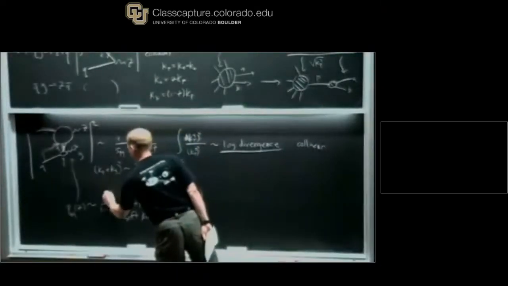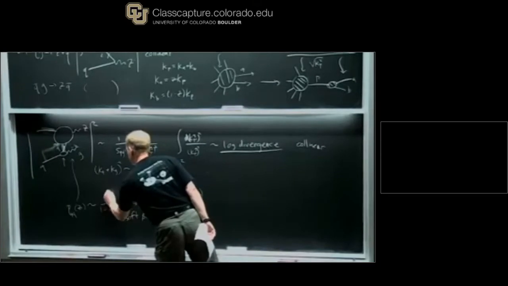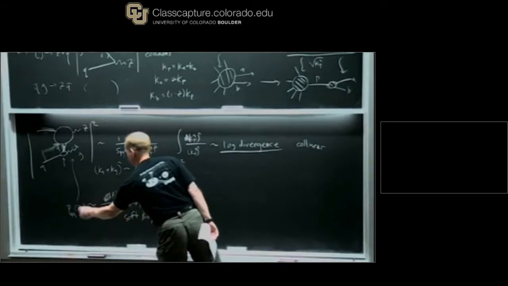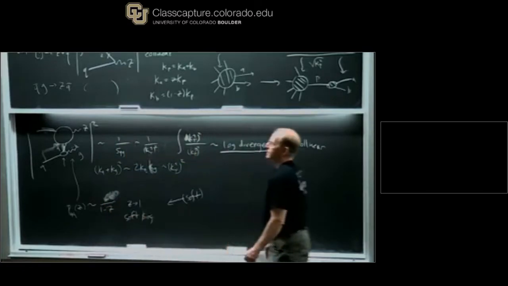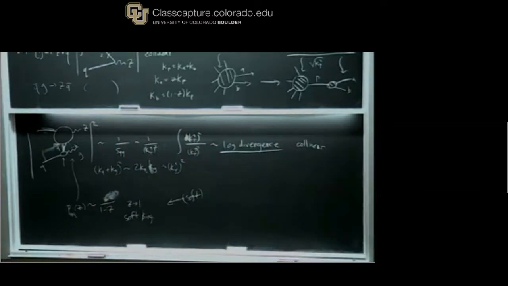In the square, it has a factor of C of the representation; in this case, it would be CF for quarks. But now I want to take that soft emission vertex and make a simple loop diagram out of it.